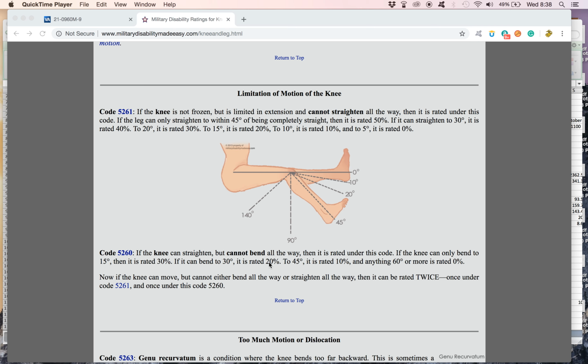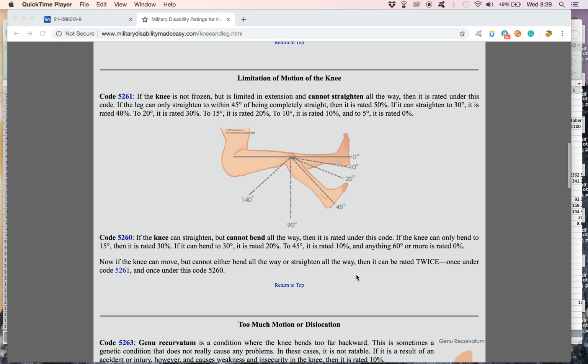So that's another 20%. So 40 and 20%, that alone would give you 52 on the rating chart, which is 40 plus 20% of 60, which gives you 12, and that would be 52.